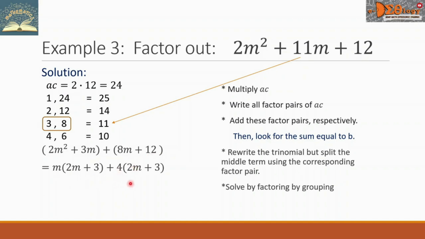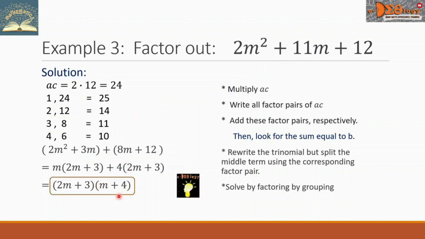So we have 4 times 2m plus 3. We have here now two big groups. The common is the binomial 2m plus 3. So we factor out the common 2m plus 3. We have now 2m plus 3 times this m here and then plus 4. This is now the final answer.